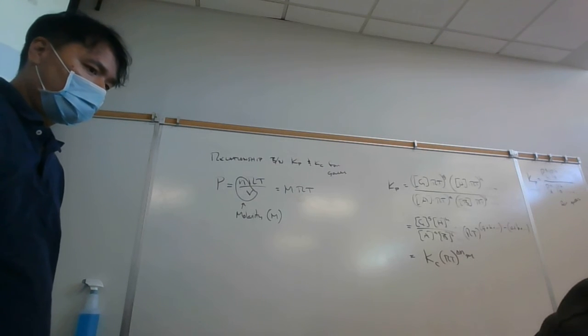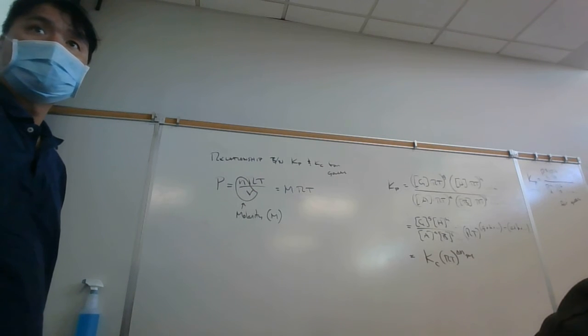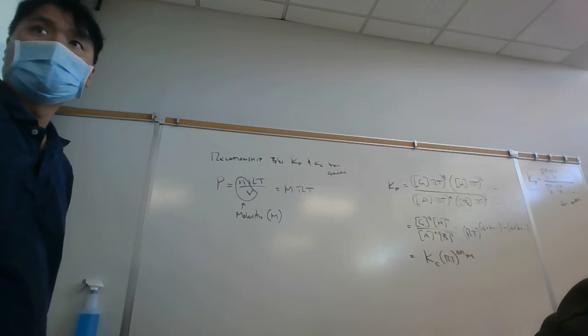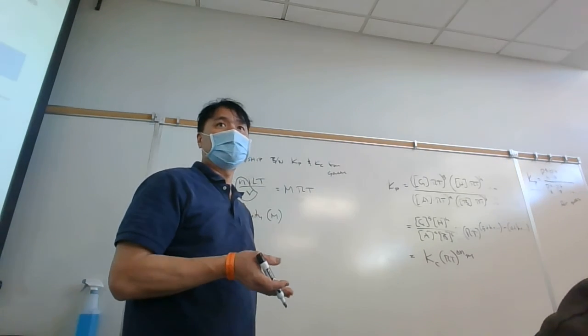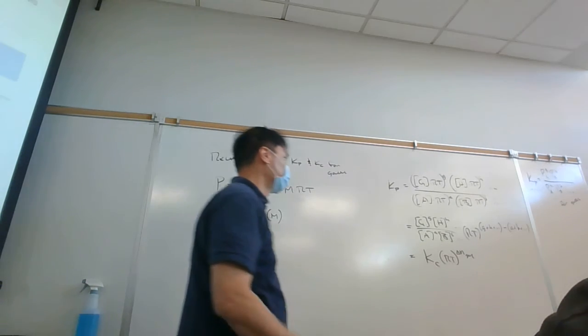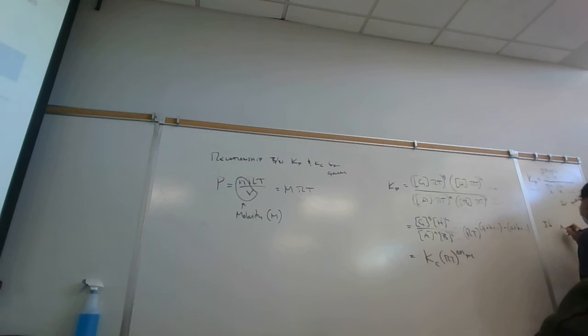If we have the same number of moles of gas on the reactant and the product side, then delta N of gas is 0. If delta N of gas is 0, then Kc and Kp are equal.